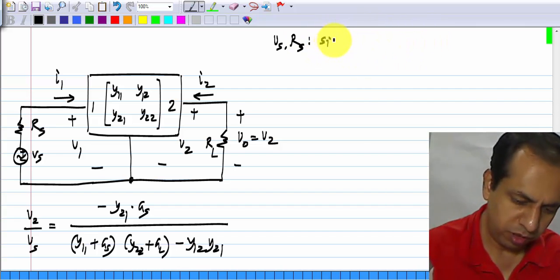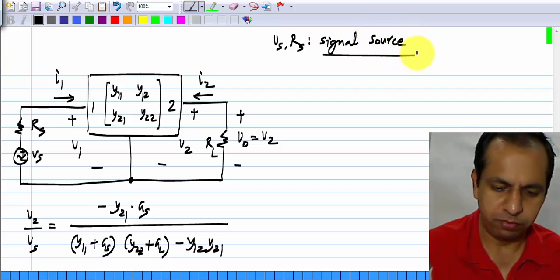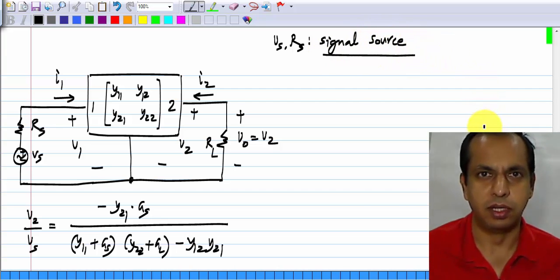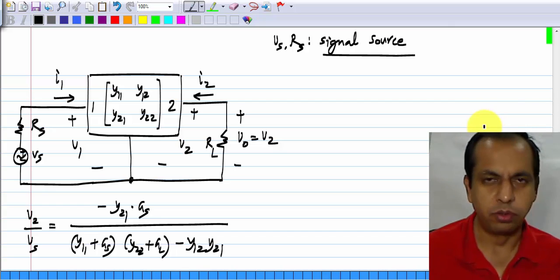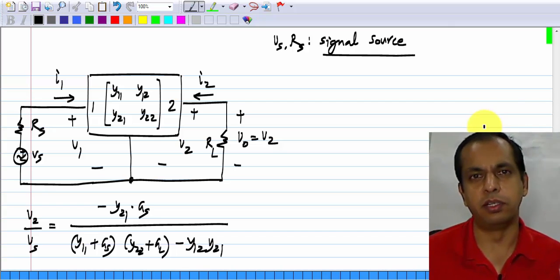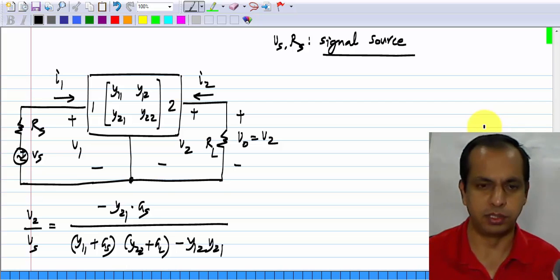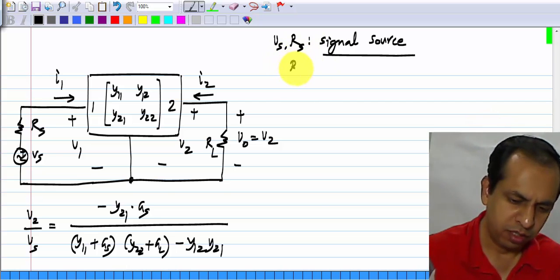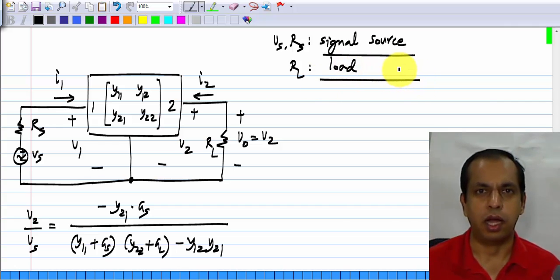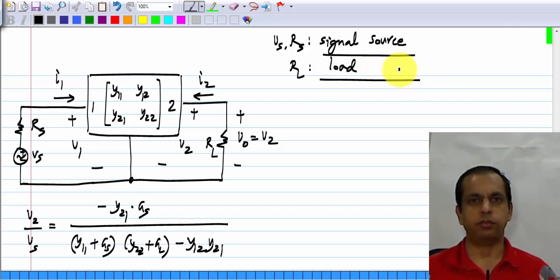So we have no control over Rs. Rs is given. We want to maximize the voltage gain regardless of the value of Rs, and RL is the load. So this is also given, and regardless of the value of RL, we would like to maximize the gain.